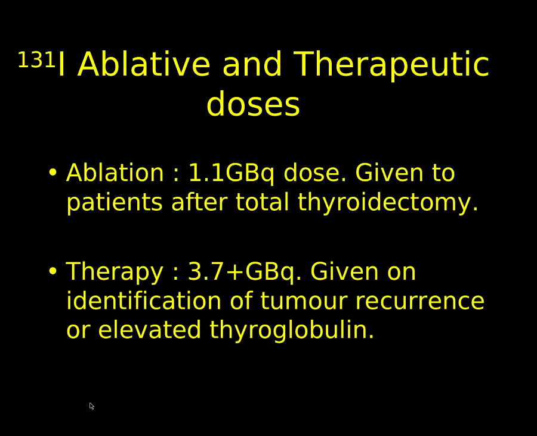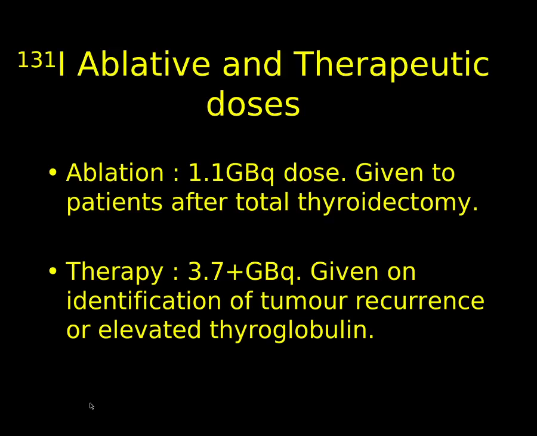What's a therapeutic dose? That's usually higher, 3.7 or more gigabecquerels. That's given when we know the patient has a site of metastatic disease, or perhaps they have an elevated thyroglobulin and we know there's metastatic disease somewhere, but we just can't find it and decide to empirically treat them. So usually we will know there's a metastatic deposit on a CT scan, and we'll decide to treat that.